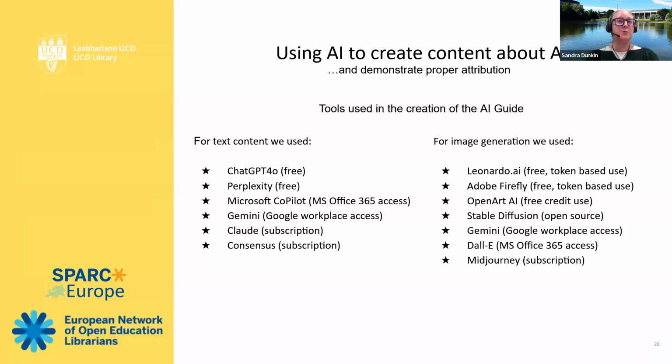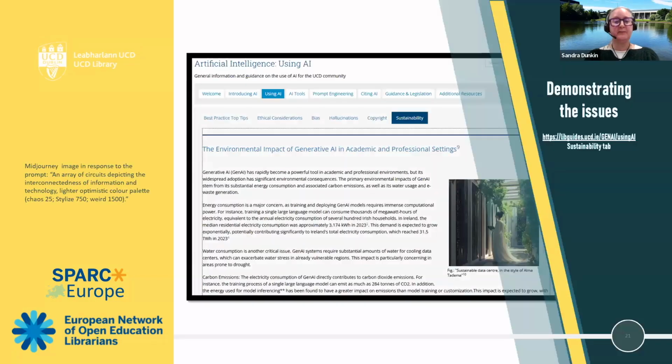But in each instance where we have engaged with AI tools, we have created a proper citation to demonstrate proper attribution for staff and students going forward, so that they can see the application of academic integrity practices in their use of AI. On to the next slide.